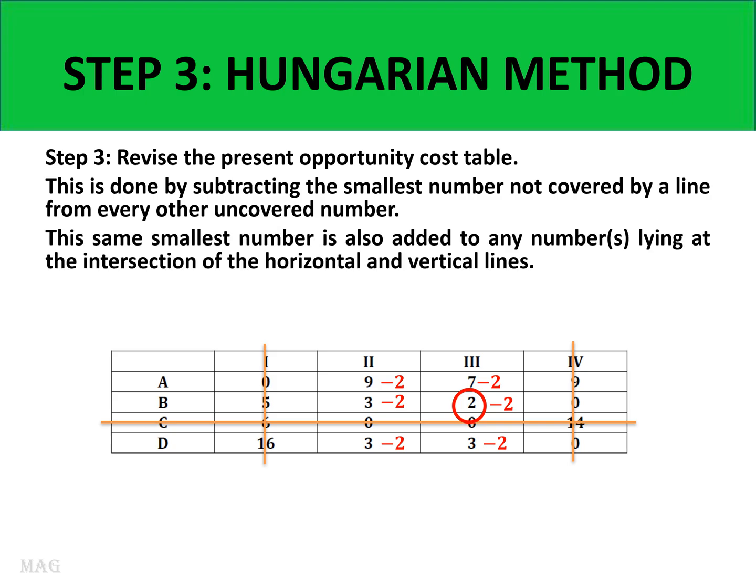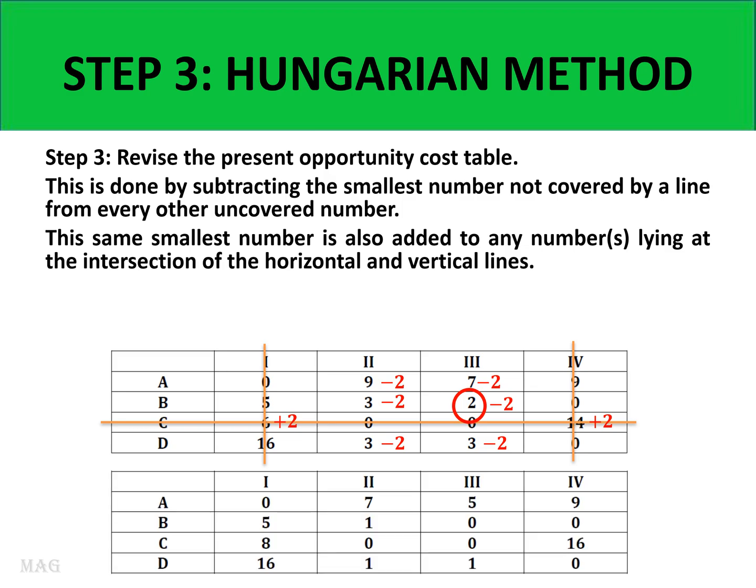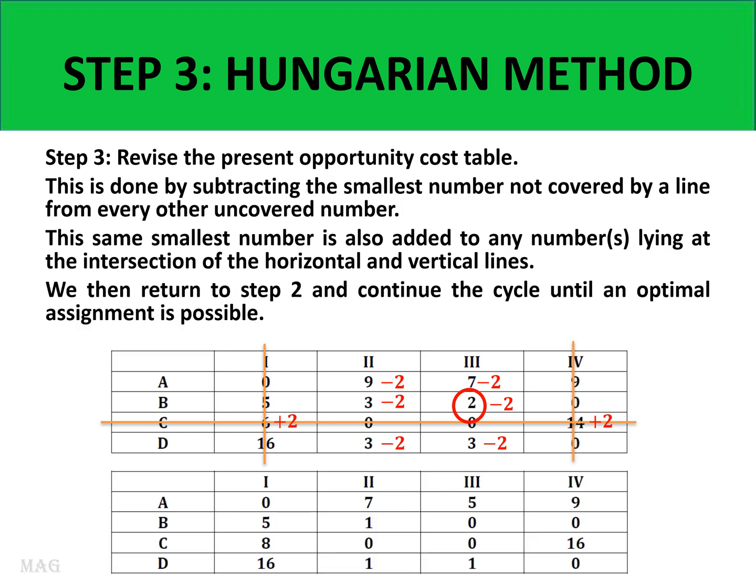And that same smallest number is also added to any numbers lying at the intersection of the horizontal and vertical lines. So 2 will be added to 6 and 14. And this will be the resulting table. And then we return to step 2 and continue the cycle until an optimal assignment is possible.